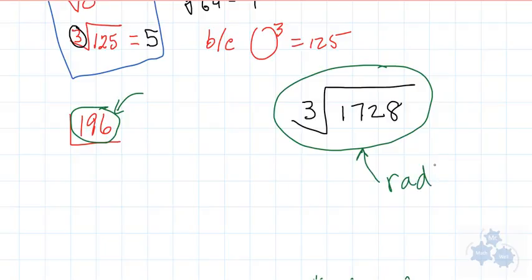Okay, that whole term is called a radical. Have you ever heard that name before in science or in math? Radical. Okay, so that is a radical. Now, this right here is the radical sign.